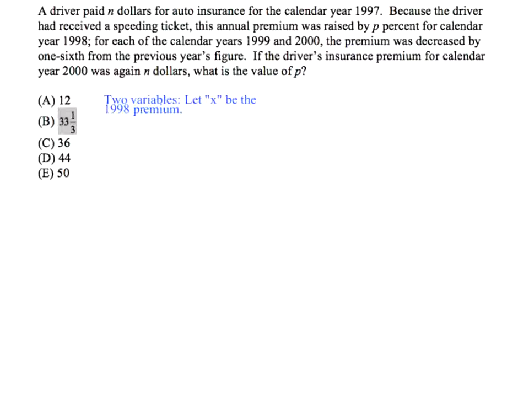So in 1998, it's $X, and then in 1999, it's 5/6 of that. If you're not sure what the 5/6 is, if you take away 1/6 of something, then you have 5/6 of it left.